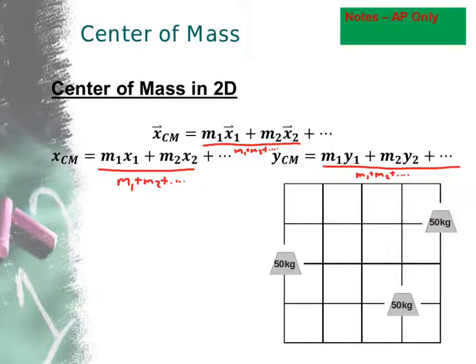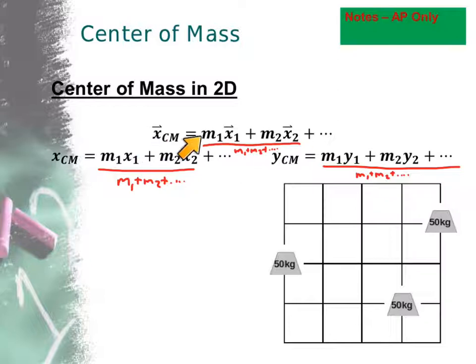Okay, so when you're dealing with a center of mass in 2 dimensions, and you have a mass here, and a mass at another location, and a mass at a third location, what you can do is add up all the masses times their displacement vector.